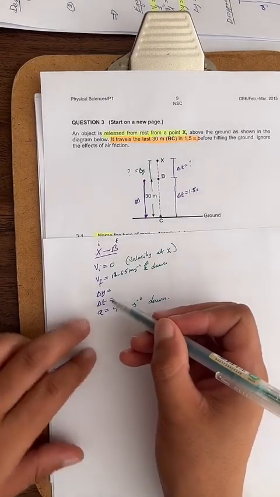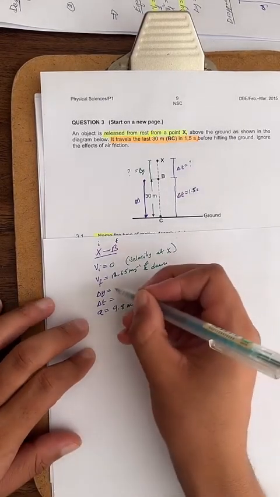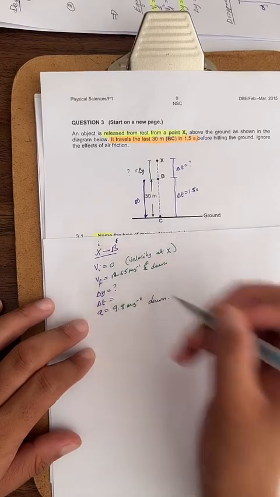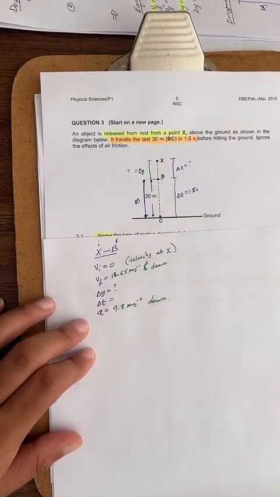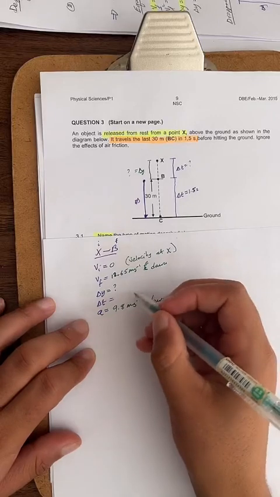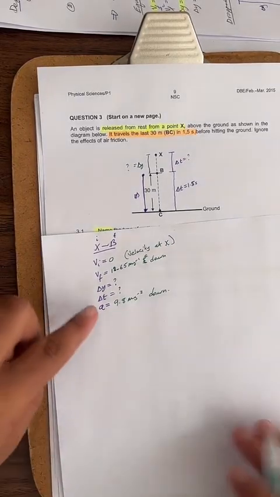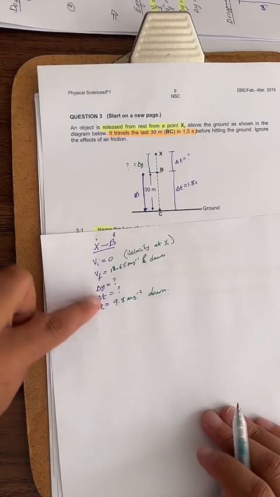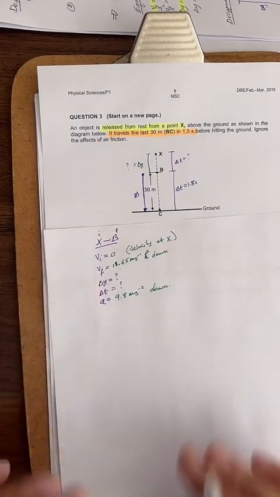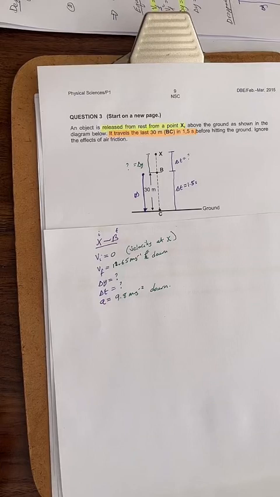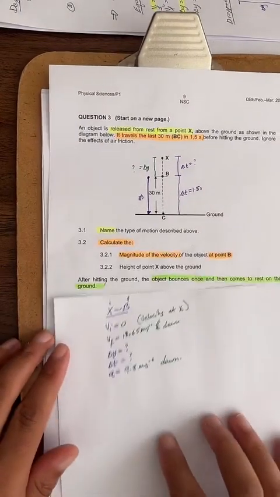The displacement, how much is the displacement between X and B? This value is not known. We did not know it before, we don't know it now. The time between X and B, we also don't know it. We are allowed to have at most 2 unknowns. If there are 2 unknowns, then we are fine, we can solve the question. There is a formula that will help us solve that. Now let's go back to the question again.